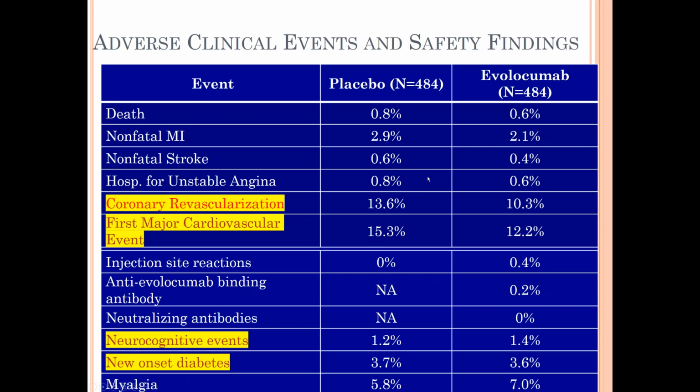There was no statistical significance in the outcomes, but coronary revascularization and major cardiovascular events were lower. Concerns from statin groups, from prior studies, looked at neurocognitive events and new onset diabetes, which is probably around 10% for statins. These patients had no statistical significance between the two.